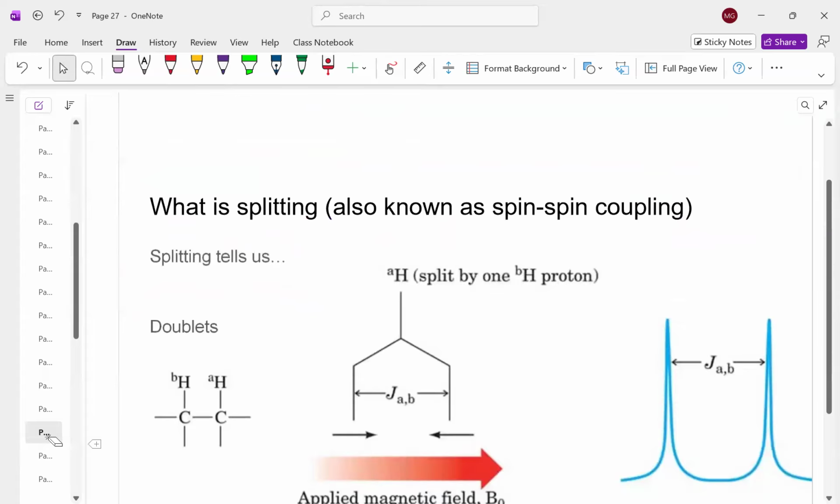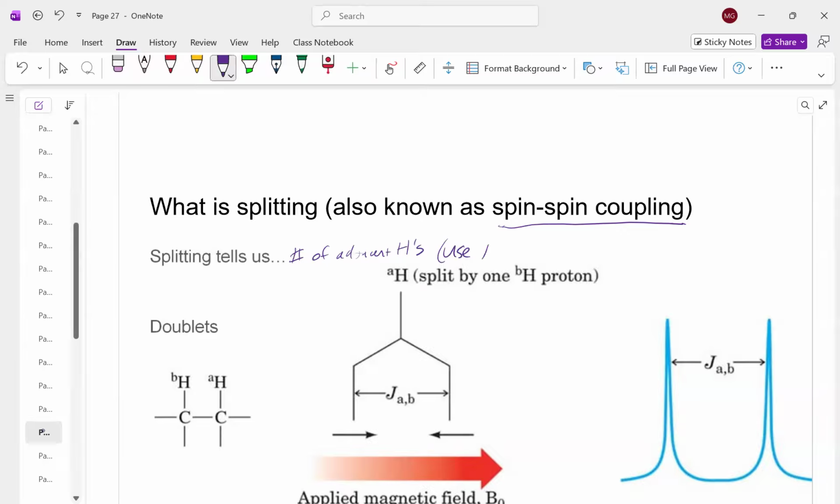This is known as spin-spin coupling. It's the interaction of two nuclear spins getting close together. And so essentially, as I said before, splitting tells us about the number of adjacent hydrogens, right? Using the n+1 rule.